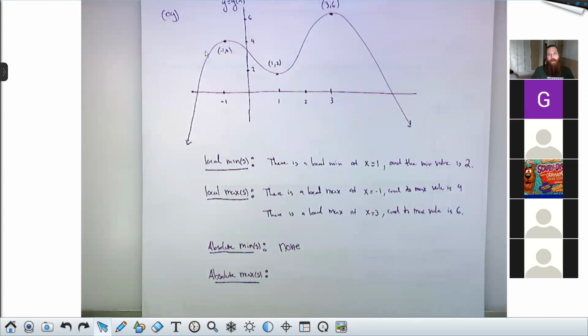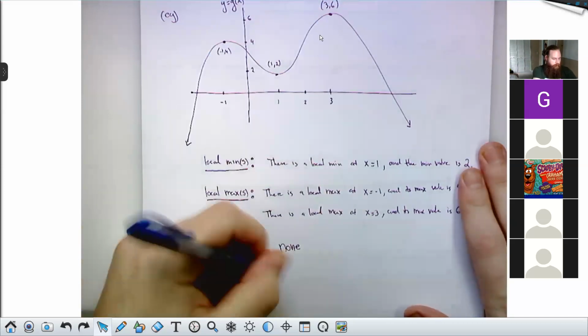So the absolute max is a point at which the function is higher than anywhere else. There can only be one y value for each type, absolute min or absolute max, though you may hit that y value multiple times. This is a local max, but it's not absolute because it's not taller than this guy. What makes this an absolute max is that it is the tallest point anywhere on the graph. Nowhere on the graph is there a point higher than him.